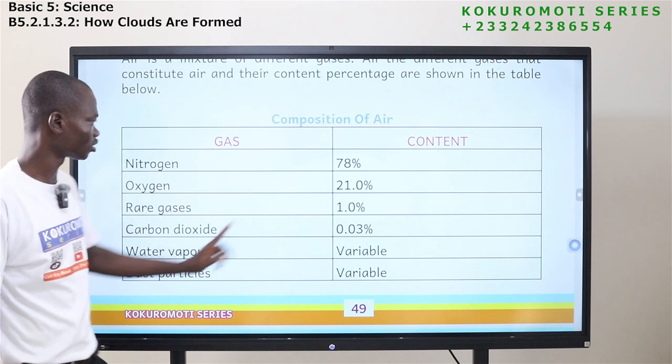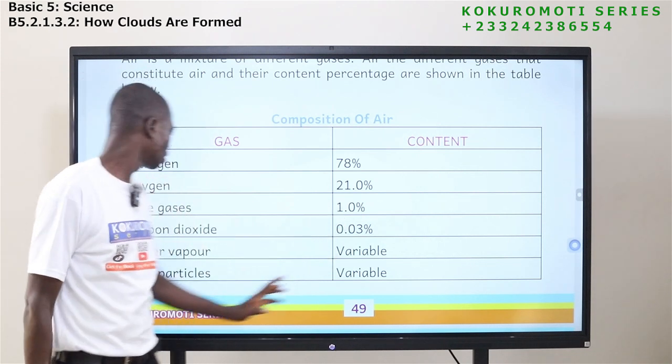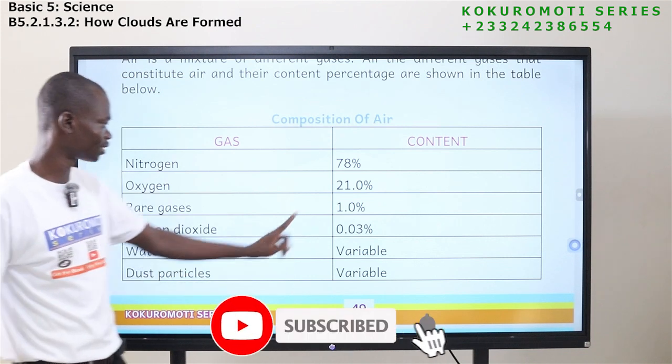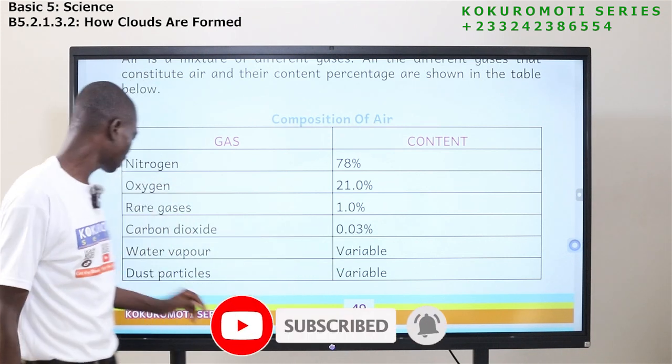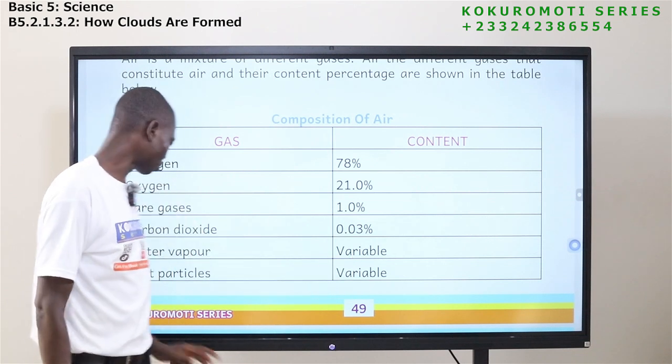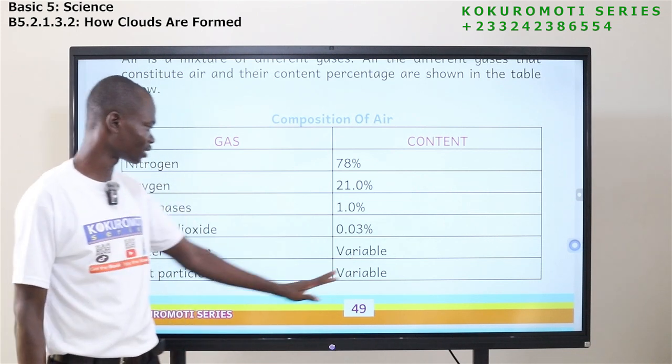We have oxygen, 21%. We have rare gas, 10%. Carbon dioxide, 0.03%. We have water vapor, that is variable, and then dust particles, that is also variable.